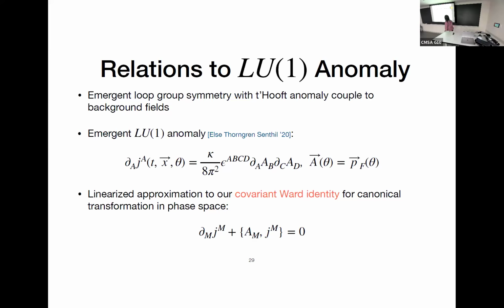We find in our approach that we can compute the covariant Ward identity for the canonical transformation in phase space, as we can see here. This is the result. And I want to emphasize that in the linear approximation, our formalism will be just this emergent LU(1) anomaly in the linearized approximation.